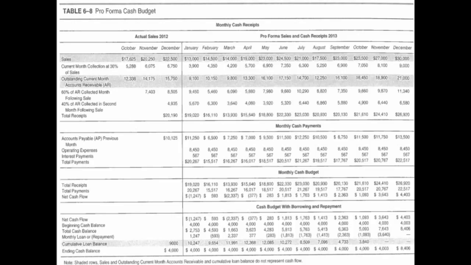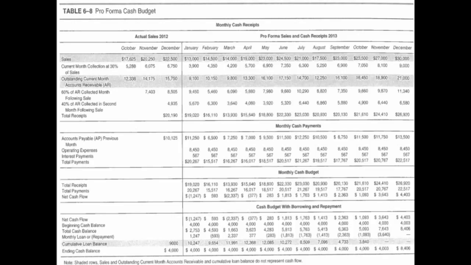This business has found that 30% of the current month's sales are collected in cash. Therefore, there is a projected cash inflow of $3,900 from January sales, which is 30% of $13,000. The rest of the sales made in January are in accounts receivable at the end of January.